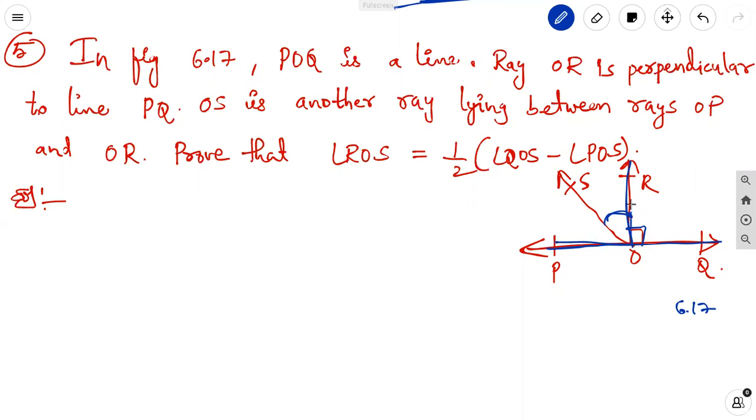Prove that angle ROS is equal to 1 by 2 of angle QOS minus angle POS. Here, first of all, we note down what they have given. Given that POQ is a line.